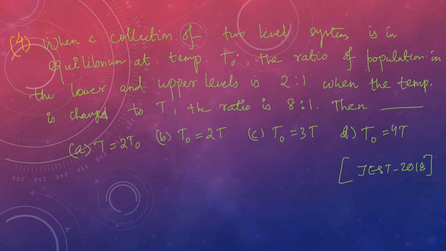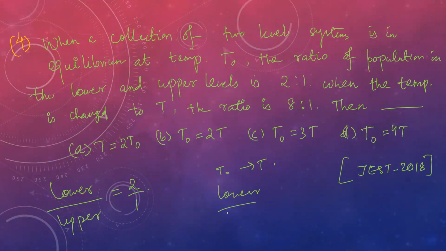When a collection of two level systems is in equilibrium at temperature T naught, the ratio of population in the lower by upper is 2 is to 1. When the temperature is changed to T, first it was at T naught, the ratio is now lower by upper, I will write it as dash, is equal to 8 is to 1.